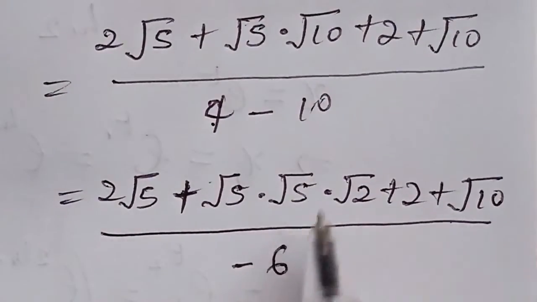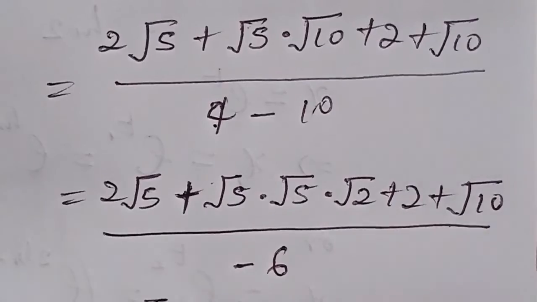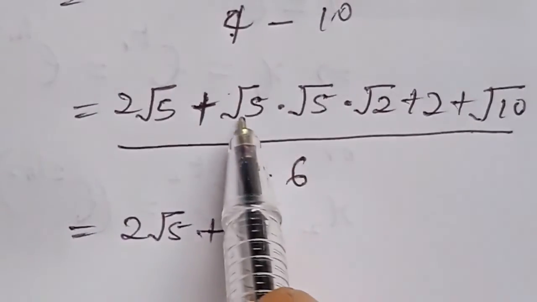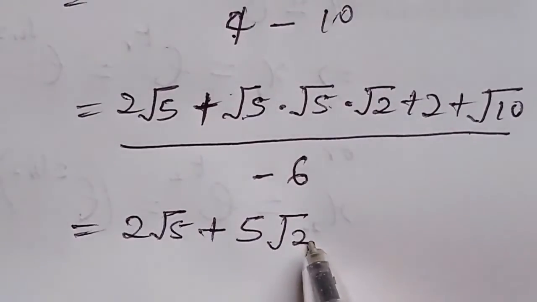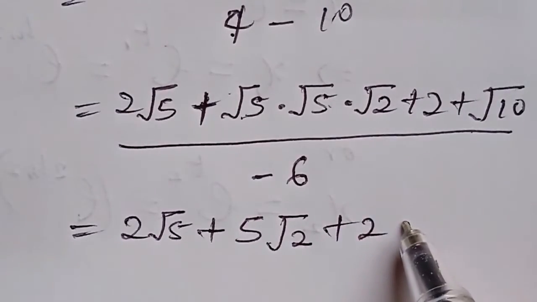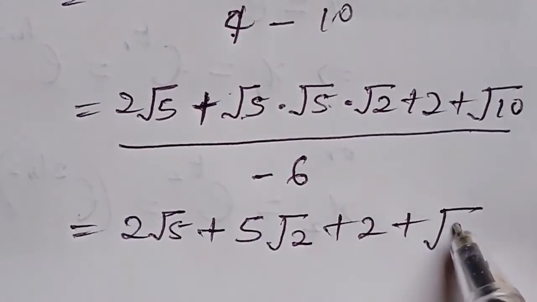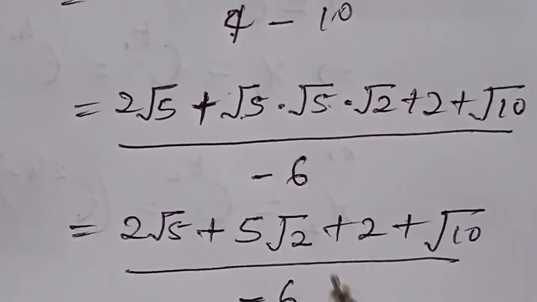So this can be written as equal to 2 square root 5 plus, multiplying this, we have 5 square root 2 plus 2, then plus square root 10, all over minus 6.